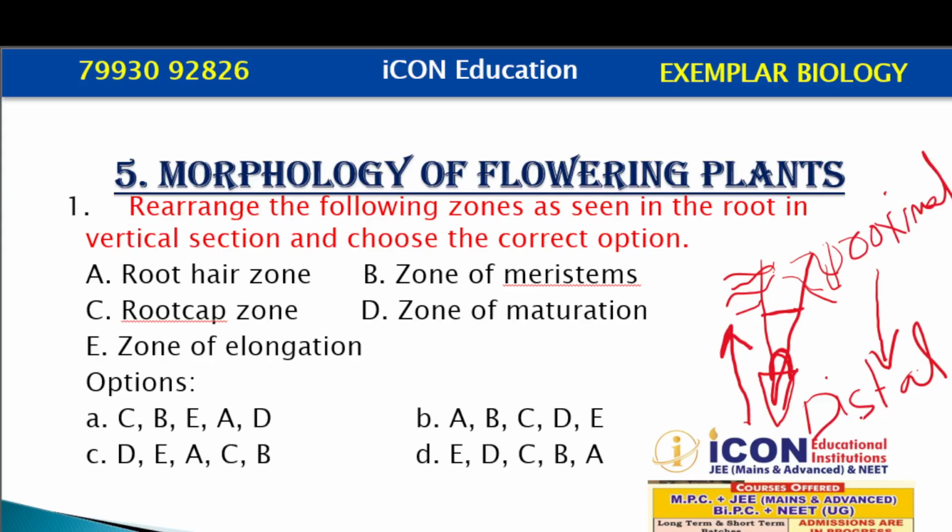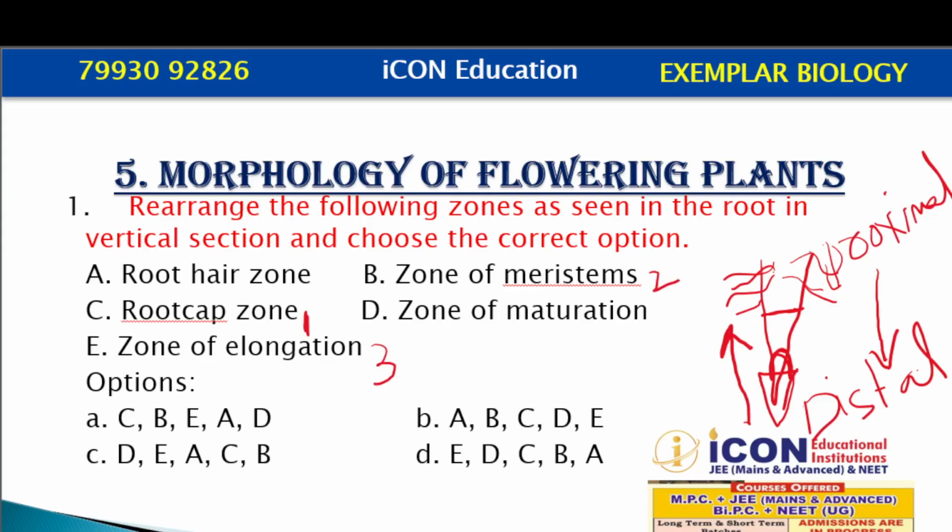So, let us see. Root cap zone is one. Above the root cap zone, we are having zone of meristem. Then above the zone of meristem, you have zone of elongation.